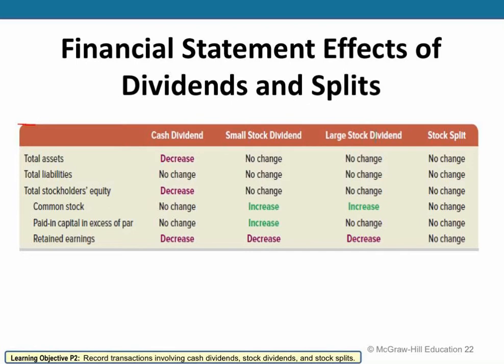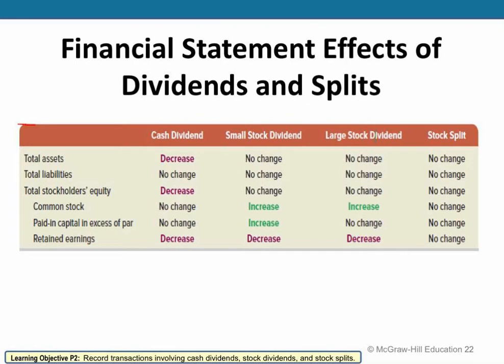And then we're also increasing the amount we have paid in capital in excess of par value. So the increase in common stock for par value and increase in the paid in capital in excess of par is going to be similar to where if we issued stock and earned cash. But instead of earned cash from outside stakeholders, we are doing it through our retained earnings. So we're decreasing our retained earnings and then providing that excess to our shareholders in the form of common stock, as well as the paid-in capital in excess of par.